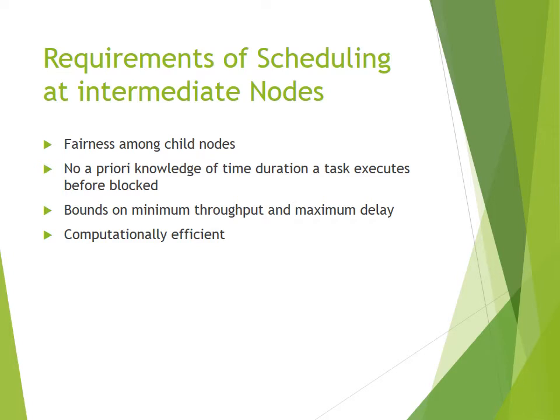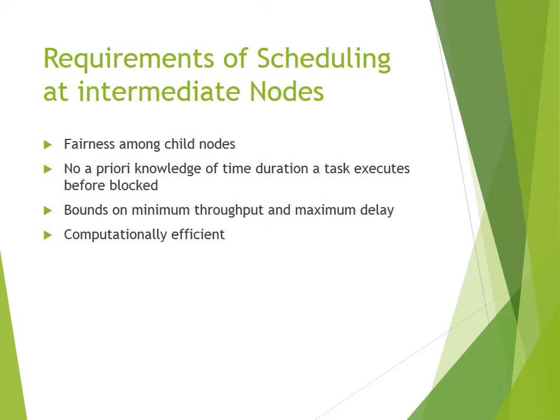The second point is that since the computation requirements of tasks may not be known previously, the scheduling algorithm should not assume a priori knowledge of the time duration for which a task executes before it blocks. The third point is that to support hard and soft real-time application classes, the scheduling algorithm should provide bounds on minimum throughput and maximum delay observed by nodes.